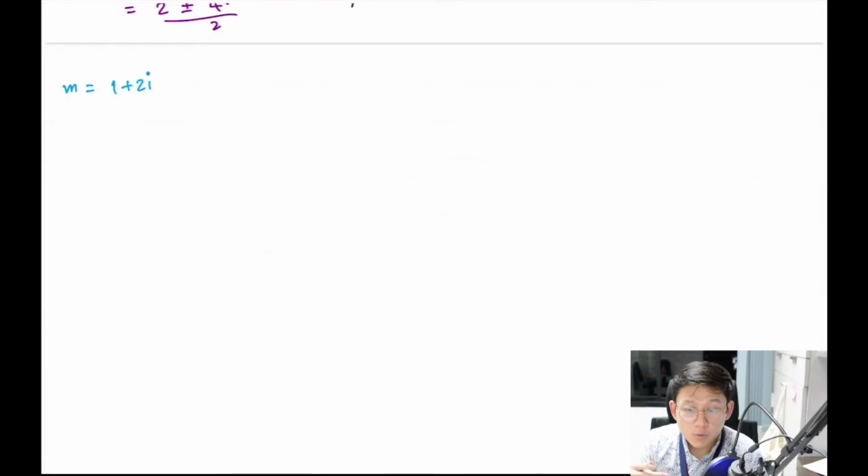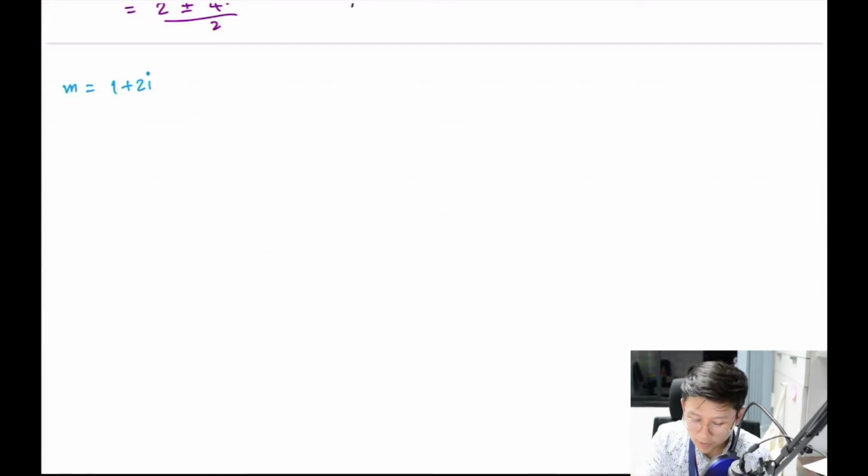For m equals 1 minus 2i, it is going to be included in x1, x2 automatically, so I only need to take one of them. You can take 1 minus 2i if you want, but I like the positive one. Actually I shouldn't say positive, because for 1 plus 2i we don't know whether it's positive or negative. But anyway, I'll take the plus sign.